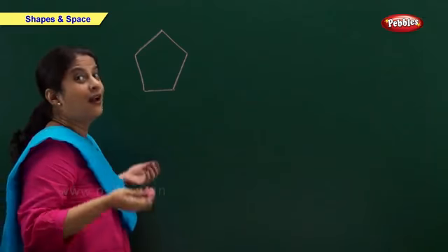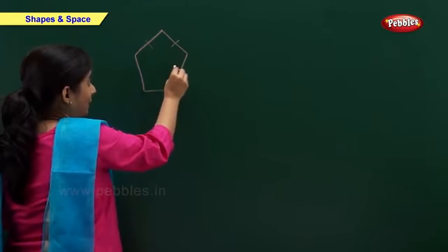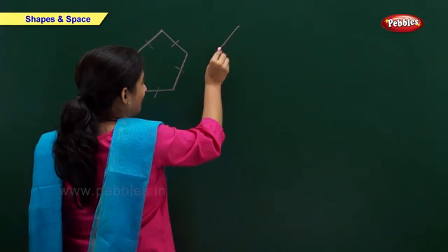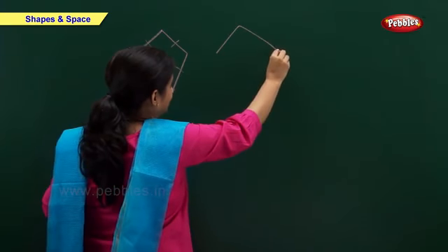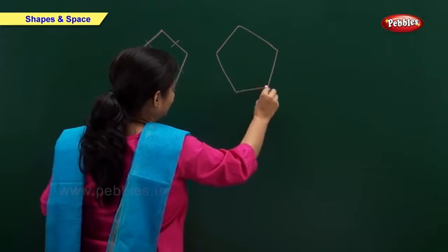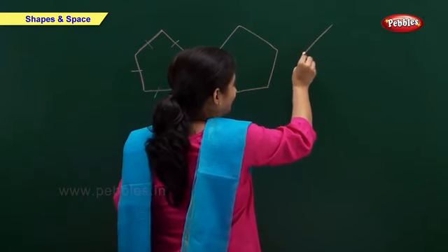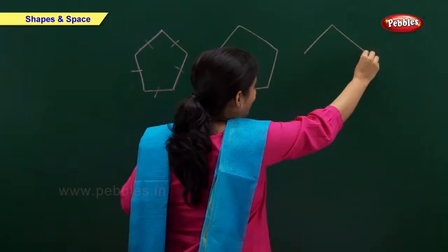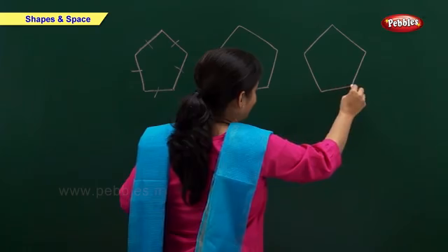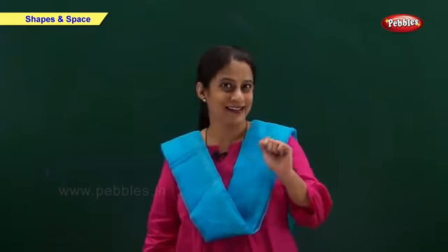A pentagon. A pentagon has 5 sides. 1, 2, 3, 4, 5. Pentagon. Pentagon. Now let us draw a hexagon.